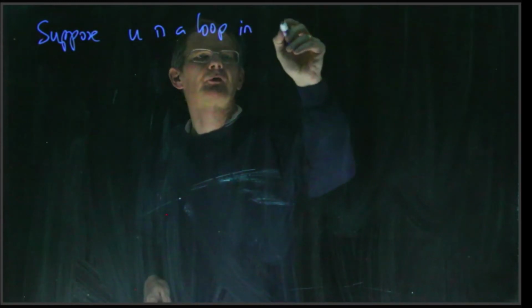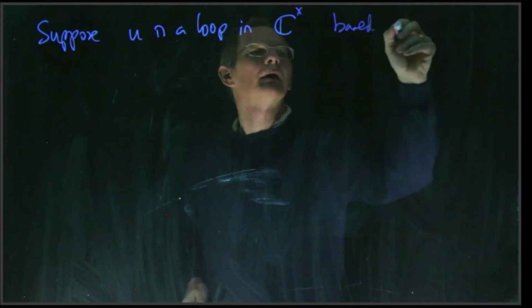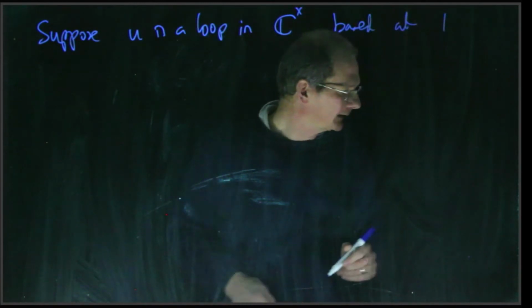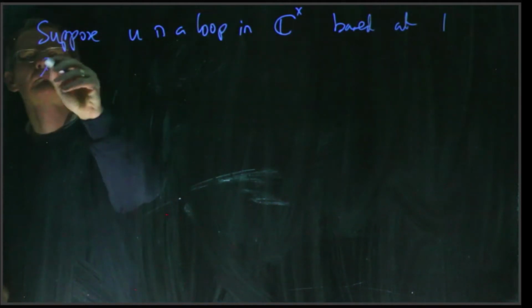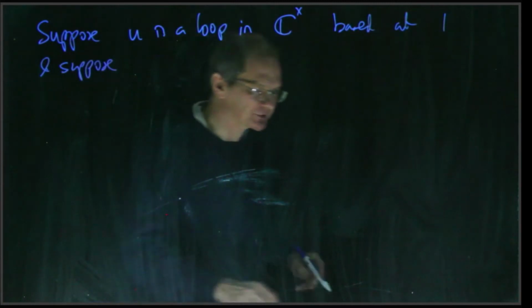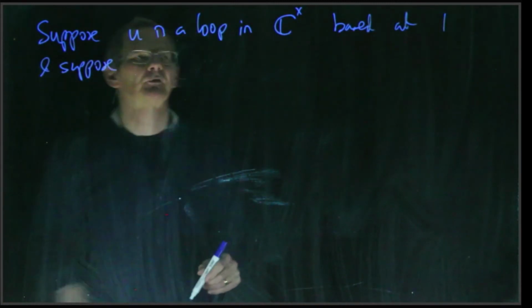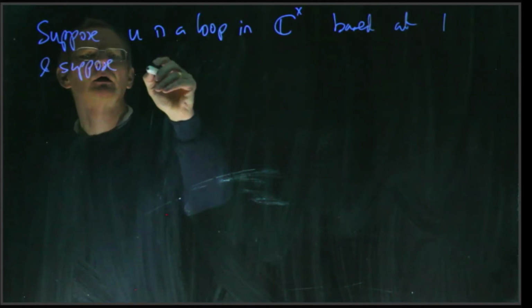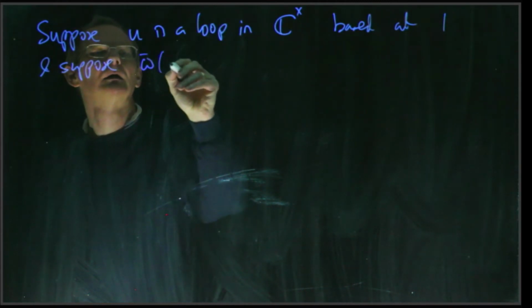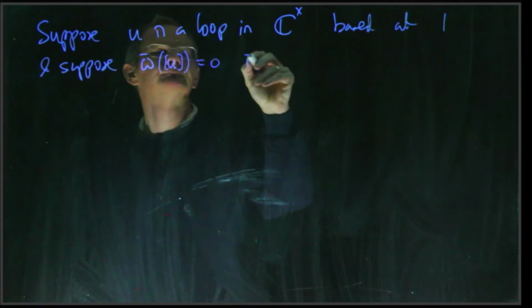Suppose we've got some loop u in non-zero complex numbers based at 1. We know that any one-dimensional homology class can be written in that form, as square bracket u for some such u. And let's suppose that omega bar of u is 0.